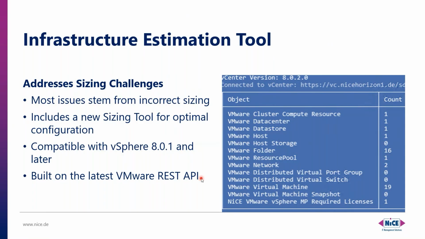The older one that has been around for many years is still there and still supported. It will be supported, but going forward, things are moving more into the new REST-based API from VMware. So we built this tool already on the new APIs. That gives a bit of background on this estimation tool.